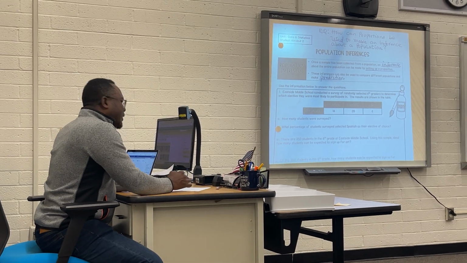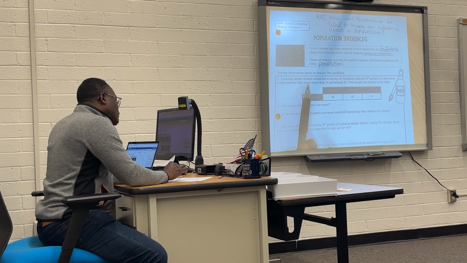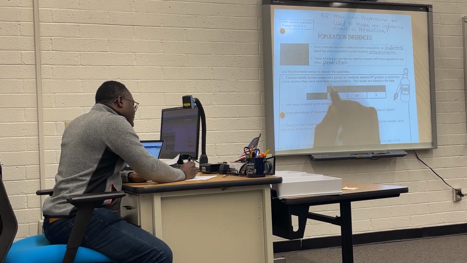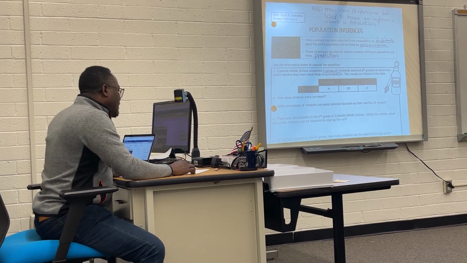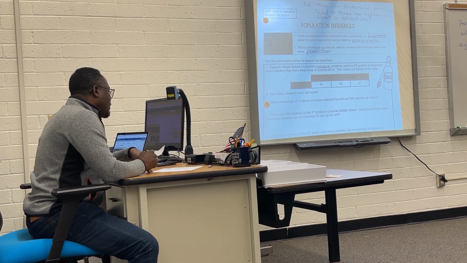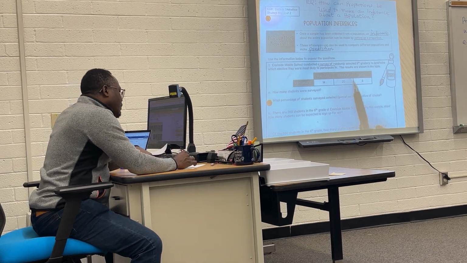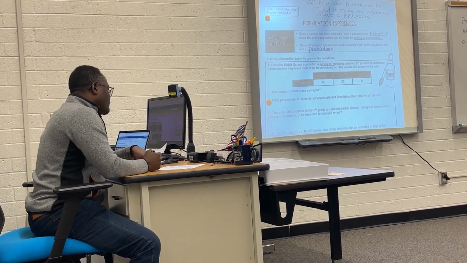Now we are given this question. It says Eastside Middle School conducted a survey of randomly selected 6th graders to determine which elective they were most likely to participate in. The results are shown in the table.